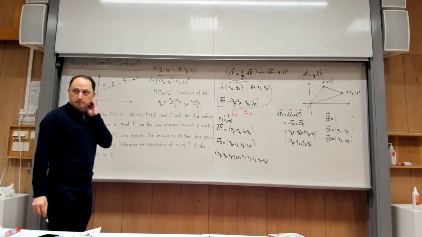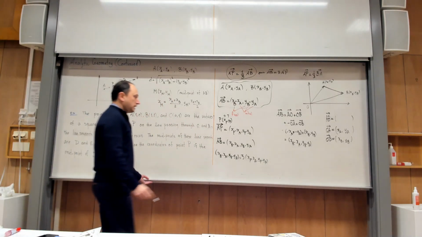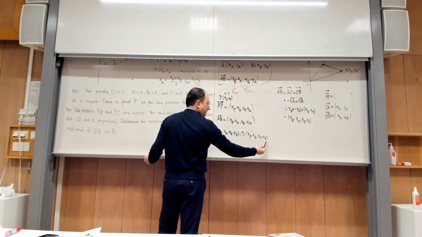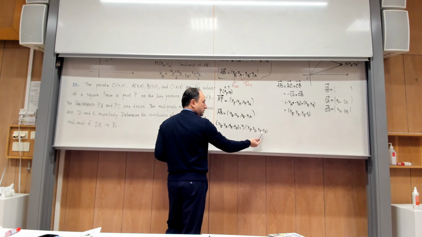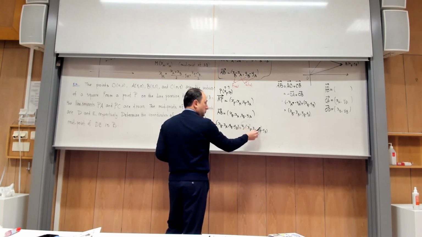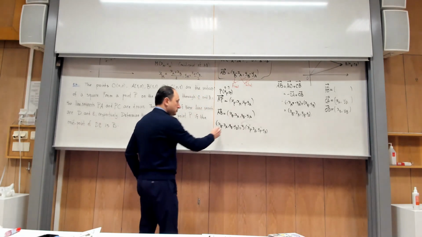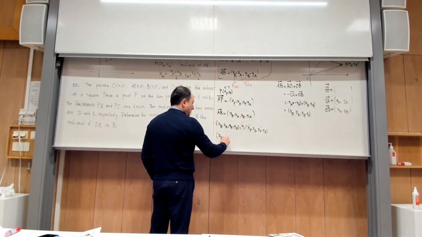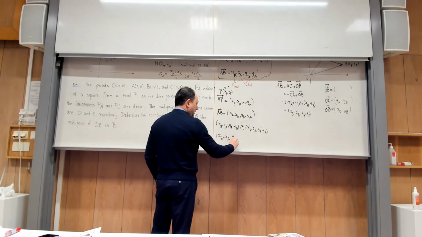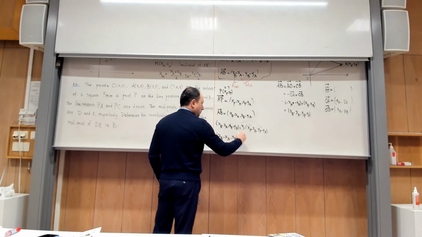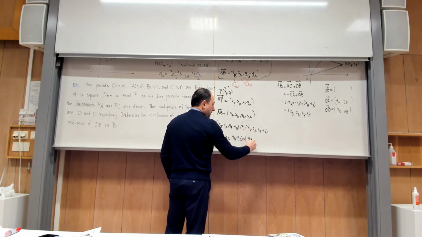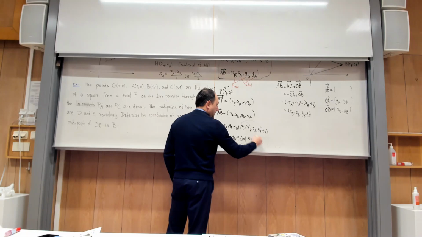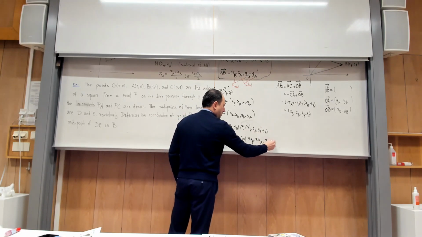Everyone agrees? Okay, and then we learned that if I want to multiply a vector, do you remember you had 2 problems in the exam? If you want to multiply a vector with components by a number, you have to take this number, multiply it to the first component, multiply it to the second component, yes? So then it becomes XB minus XA, YB minus YA is equal. If I multiply there, it becomes 3XP minus 3XA, and then it becomes 3YP minus 3YA.